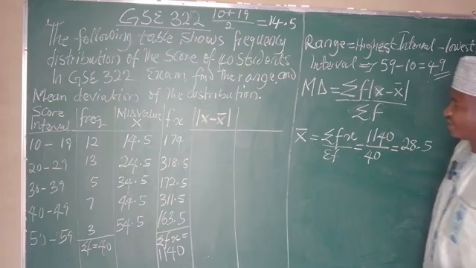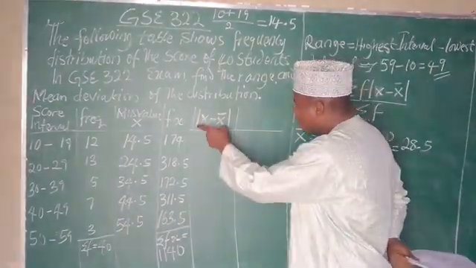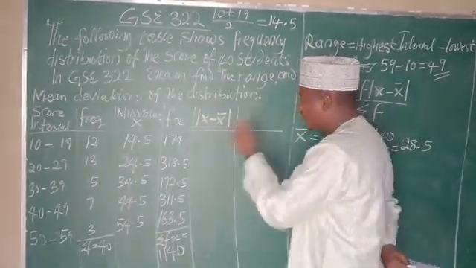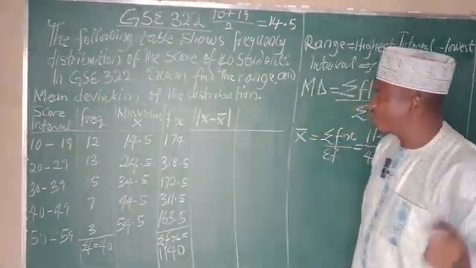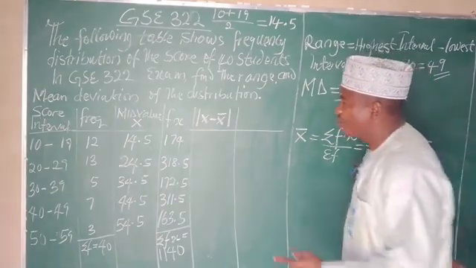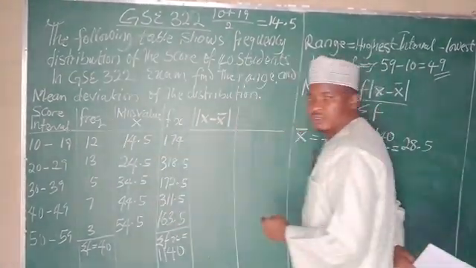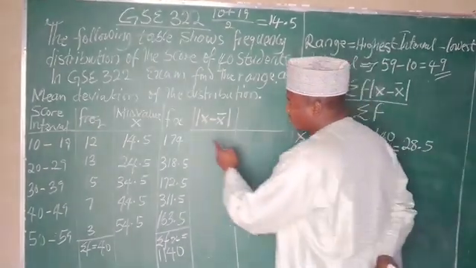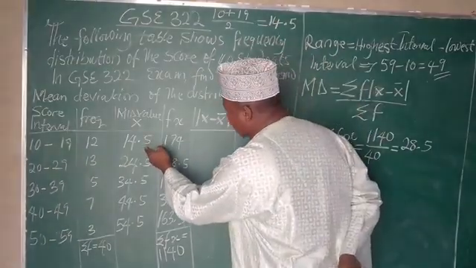So now what next? This absolute value of x minus x bar is telling us that we should subtract the mean from the x of each row. Subtract the mean from the x of the first row.